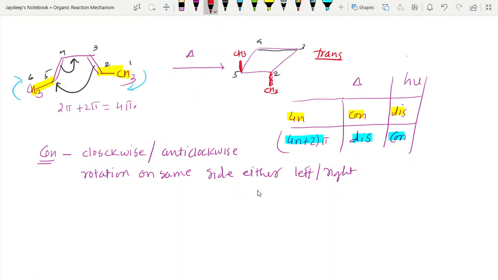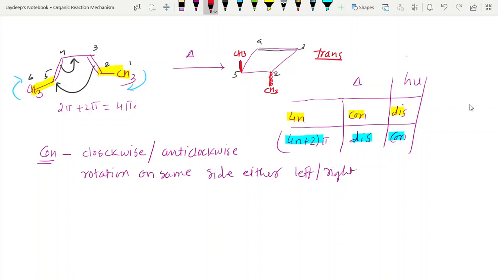Now once again I want to say that when we consider the four electron system, if the reaction goes thermally, then that is the considerable reaction. The other reaction is not favorable. In a thermal reaction, whenever conrotatory is there, that represents the reaction is favorable, and the other represents the reaction is not favorable.